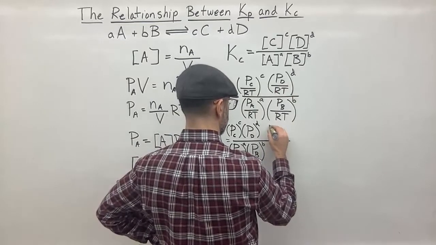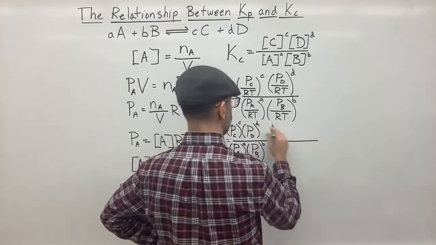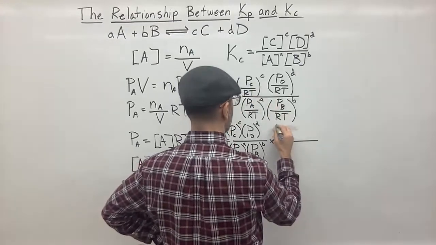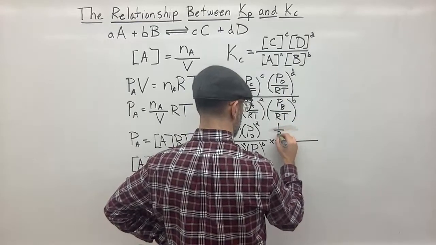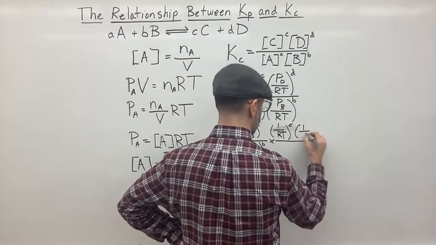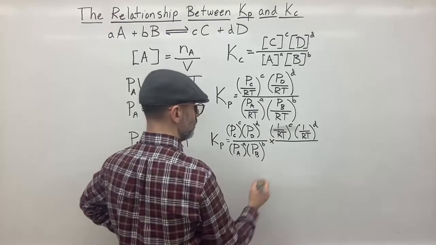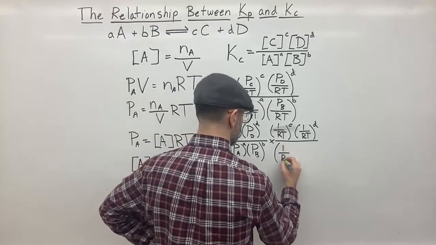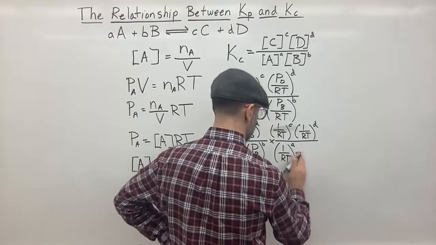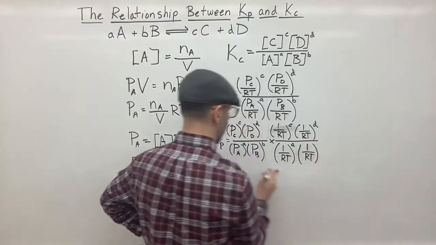So then here we have this multiplied by 1 over RT, and that's raised to C, multiplied by 1 over RT, and that's raised to D. And then on the bottom, we have 1 over RT raised to A, multiplied by 1 over RT raised to the B power.